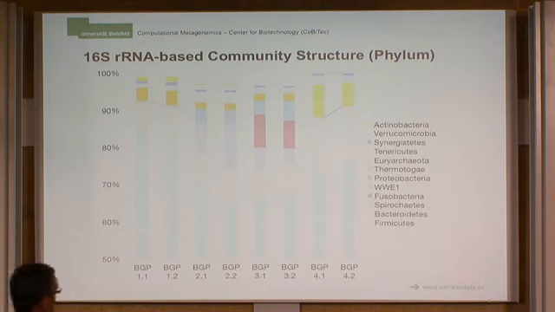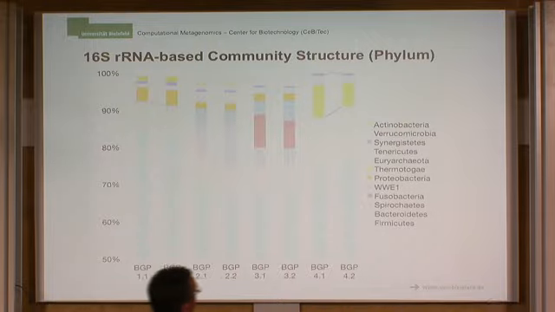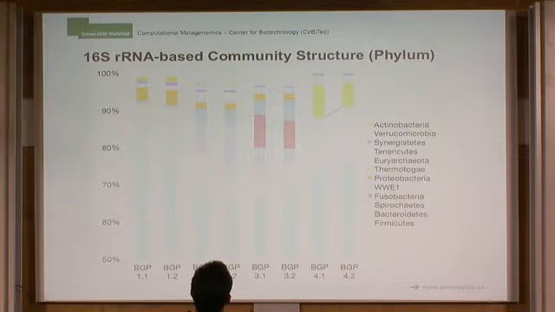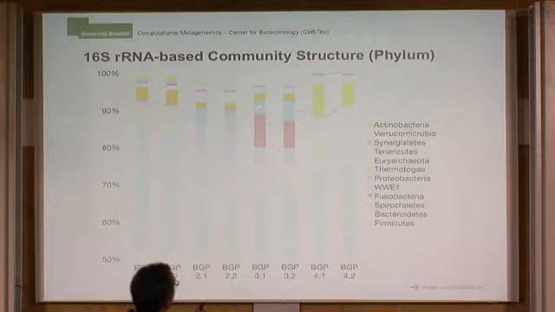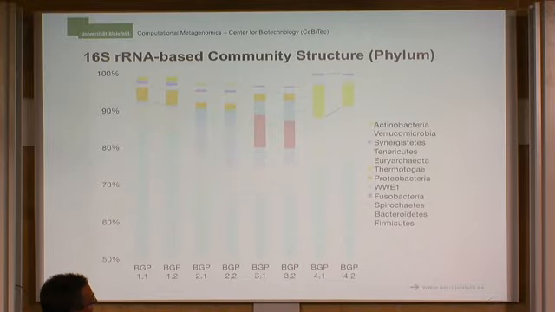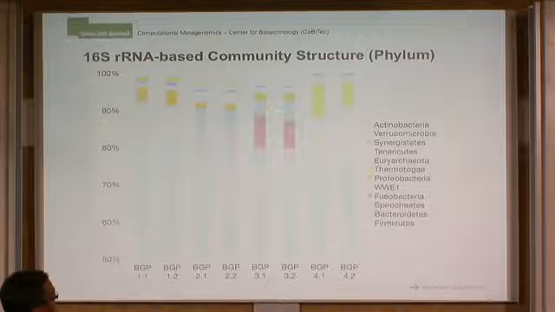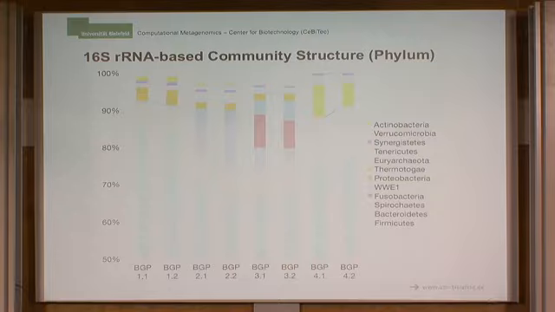These 3 plants here are mesophilic plants, and the 4th one is a thermophilic plant. And what you see, well, it's really hard to see, but the big difference is basically, here you have these fusobacteria that only exist in this plant, and in the thermophilic plant we have the thermotogae, which basically don't exist in any of the other plants. So there are already big differences between the different plants.